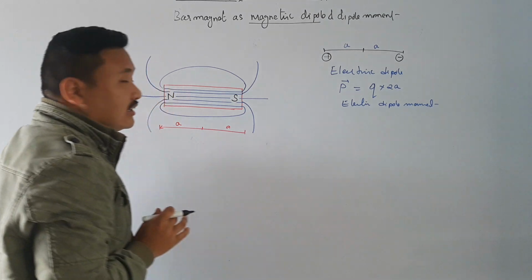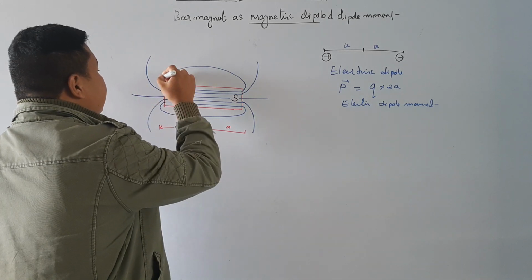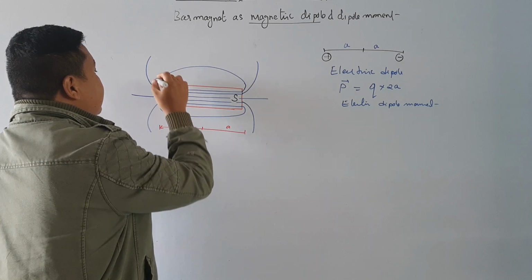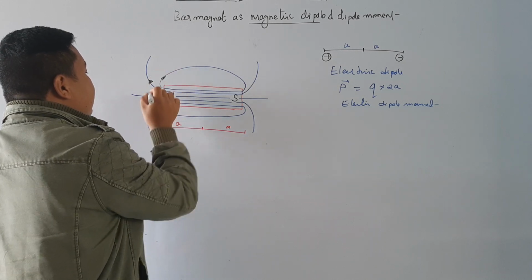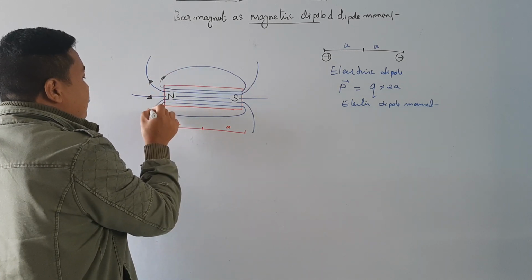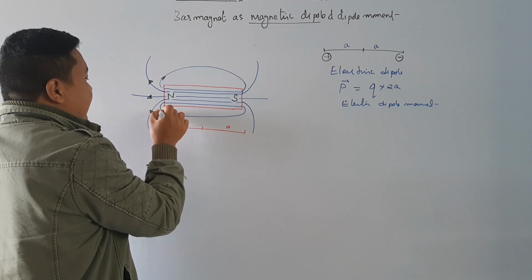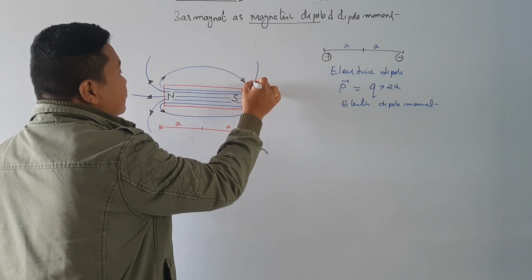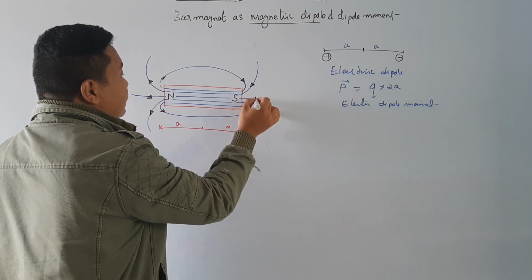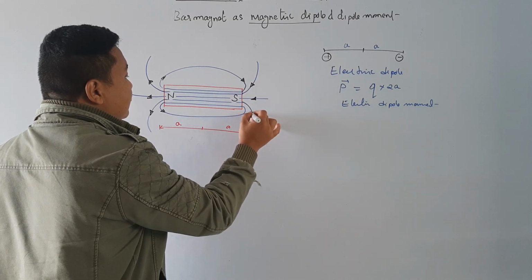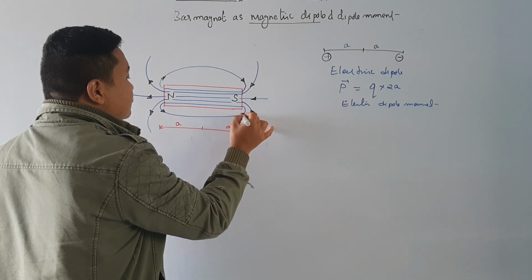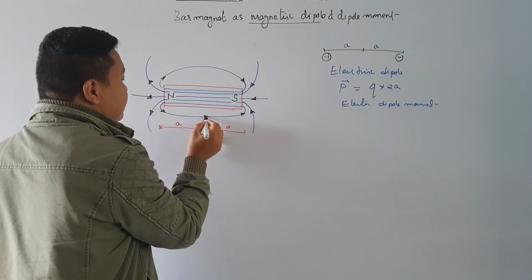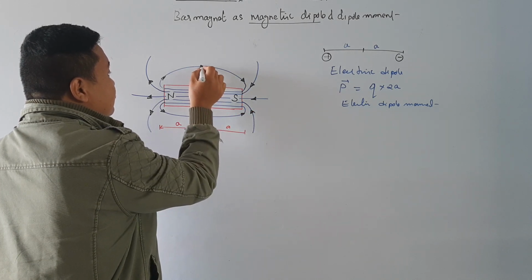Now you know that in a bar magnet the magnetic field goes out from the north pole and enters into the south pole. So this is how the magnetic field lines look. Everyone knows this. Here it is going in this direction, here in this direction.